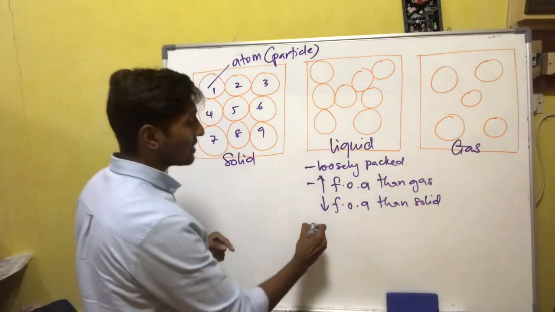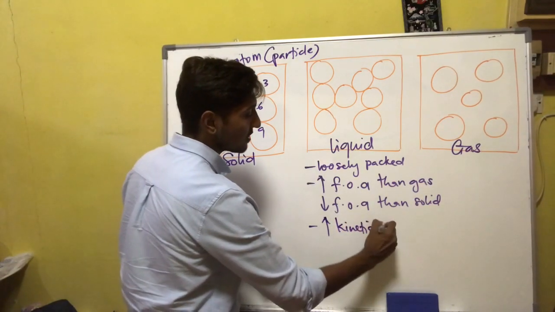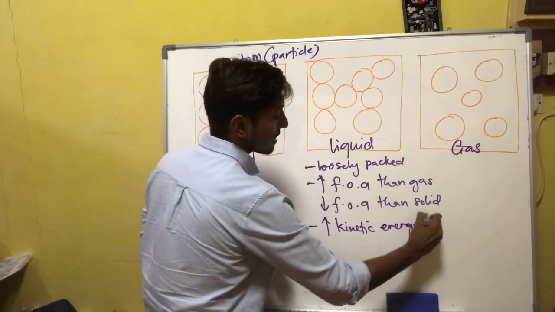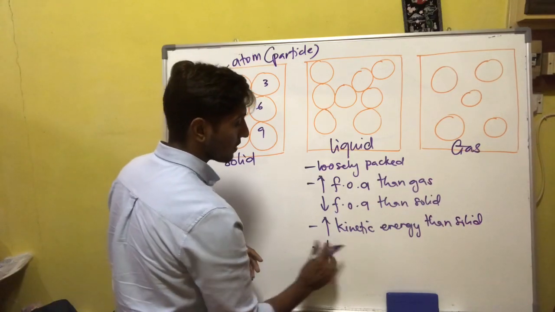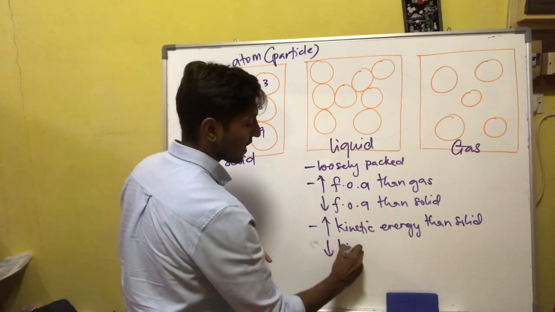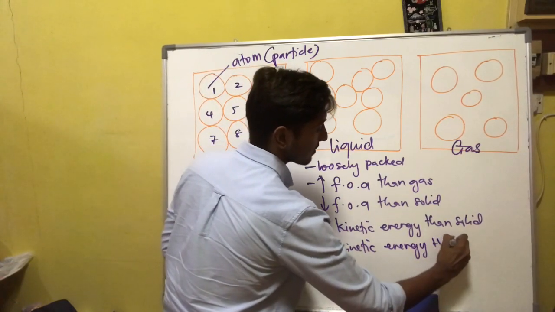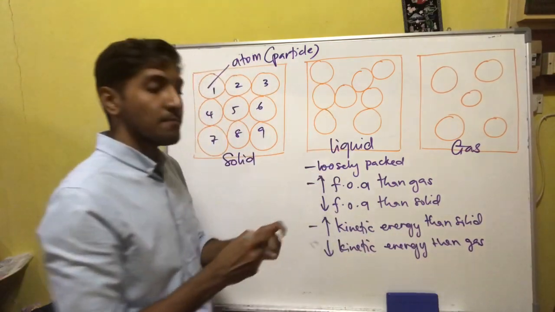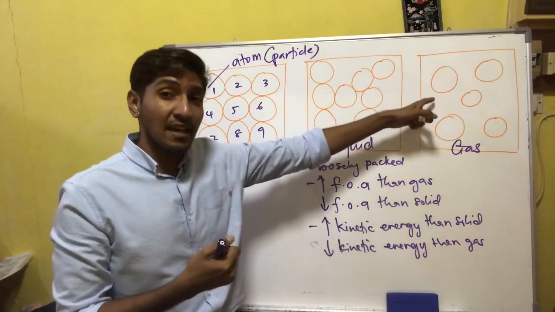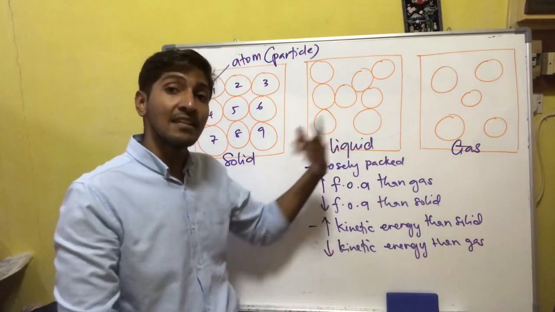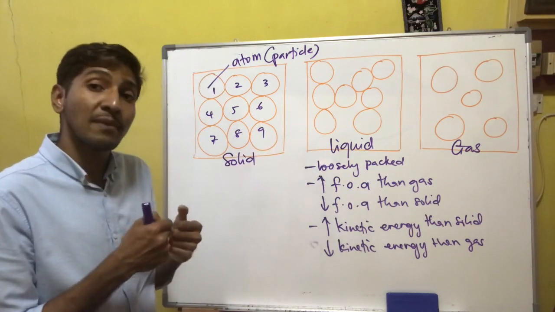Another one, it has a higher kinetic energy than solid but a lower kinetic energy than gas. Meaning that, like I said, it is more closely packed than gas, therefore the force of attraction is higher than gas, but the force of attraction is lower than solid because it's not as closely packed as solid.